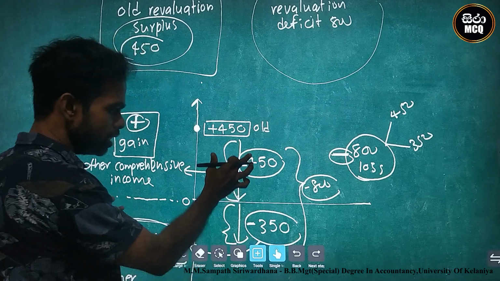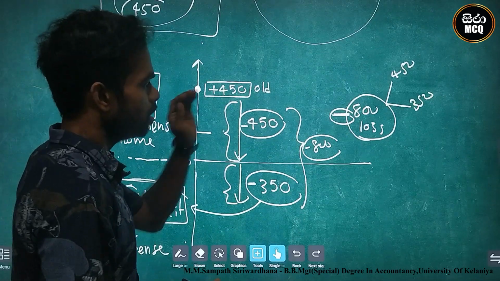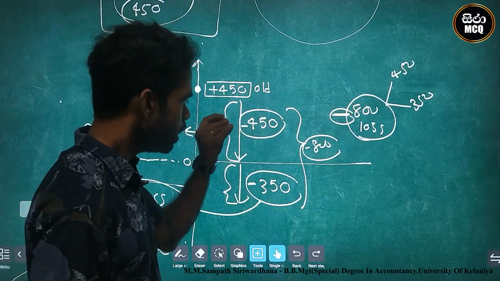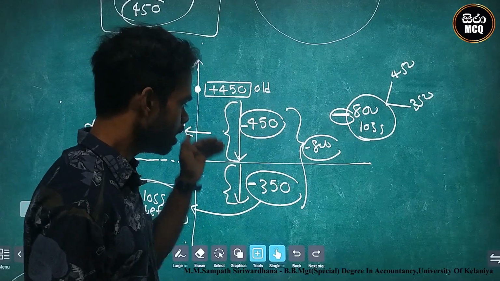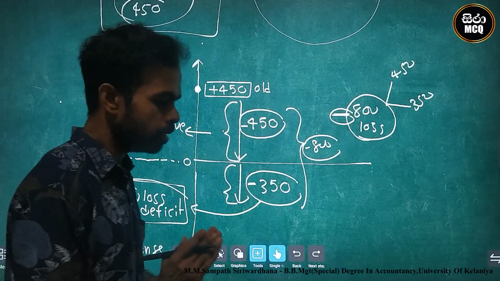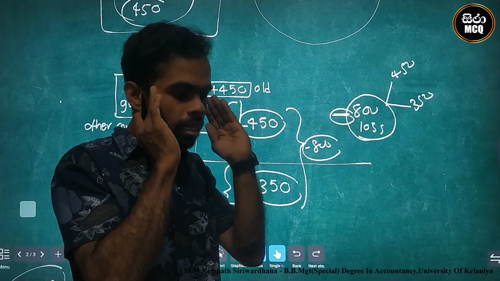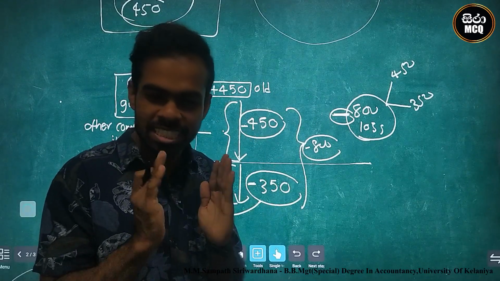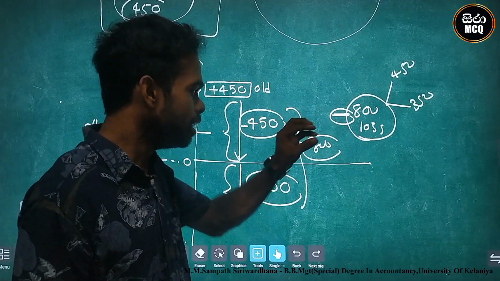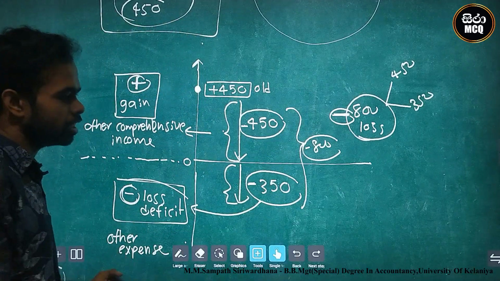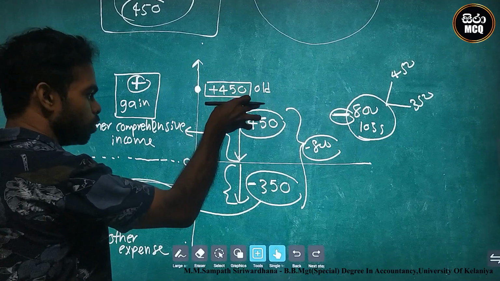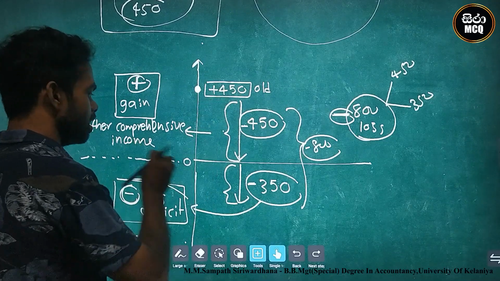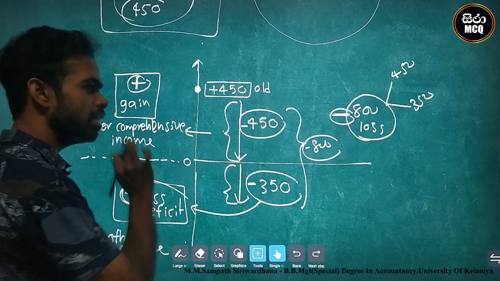But at the presentation, we located this 800 in two locations. Concentrate: 800 is a loss, and loss is an expense. But at the presentation we put 450 in one area and 350 in another area.